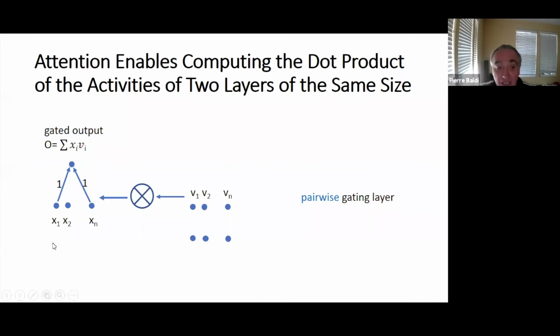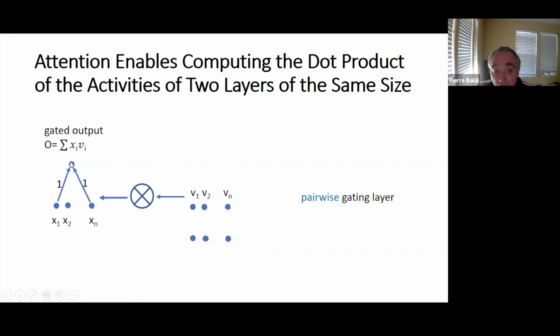So if I have a network that somewhere is producing some output x1, x2, xn, and I have a gating neuron that produces v1, v2, vn, I can allow v1 to gate x1, v2 to gate x2, etc. So I get all the pairwise products first, and then I feed them on connections that are frozen to 1, not adaptive, these connections.